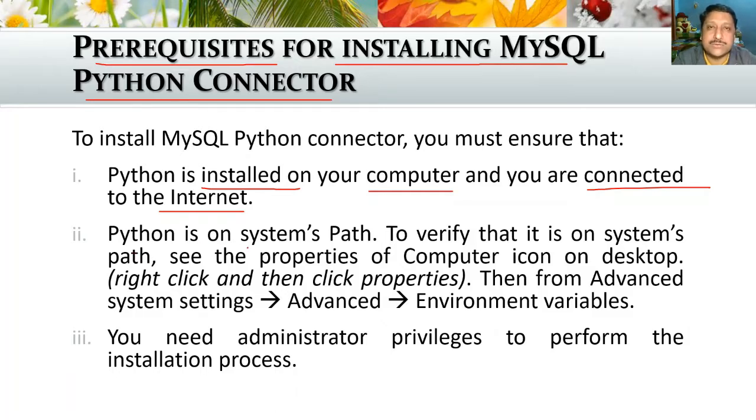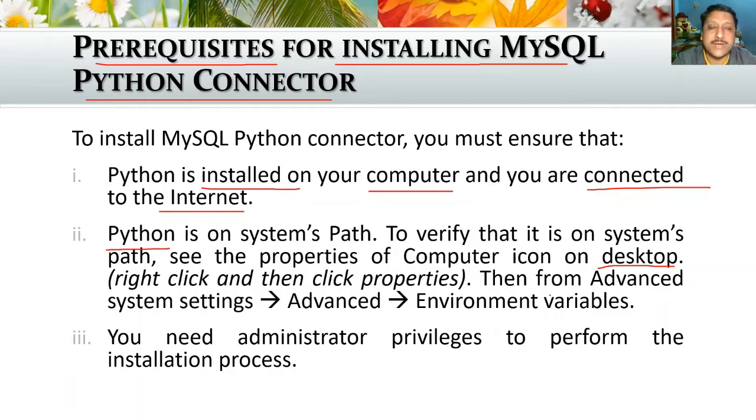It must also be ensured that where the Python software is installed in your computer, either in C drive or D drive, this path must be saved in the system's path. If you want to check it, to verify that it is on the system's path, see the properties of the computer icon. You will find the computer icon on your desktop. Just right click and select Properties there.